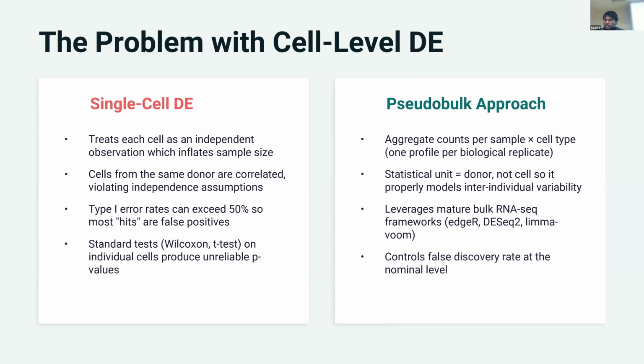That correlation means that your effective sample size is just the number of donors, not the number of cells. On the right, the pseudobulk approach solves this by collapsing cells back to the donor level, which is, in most cases, the true unit of replication that we want to look at.